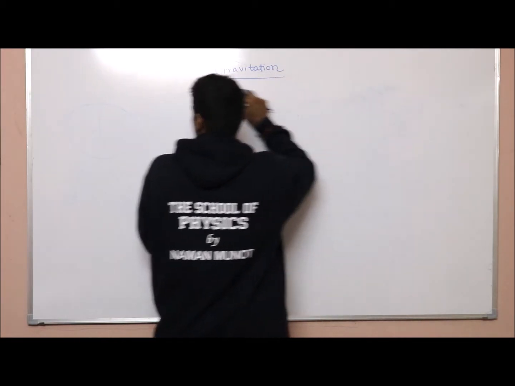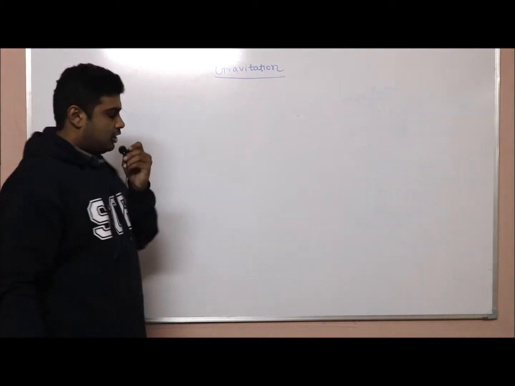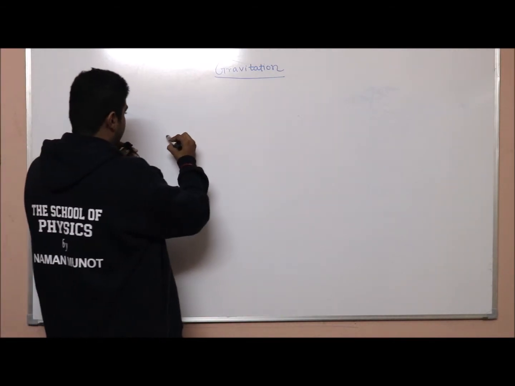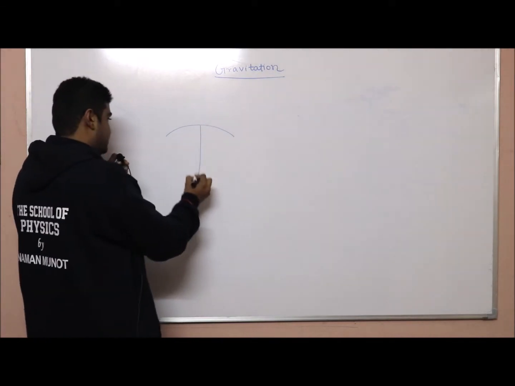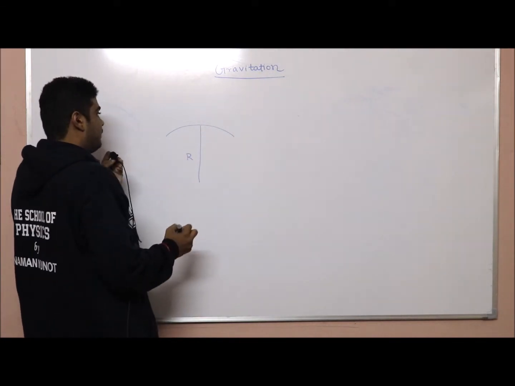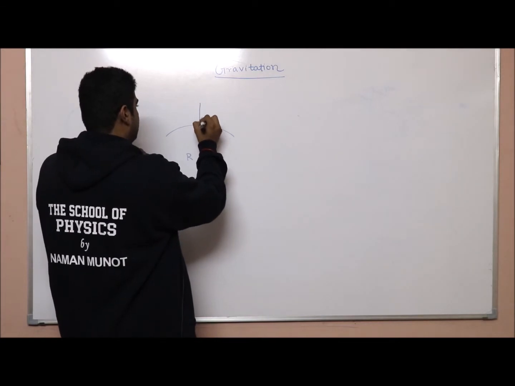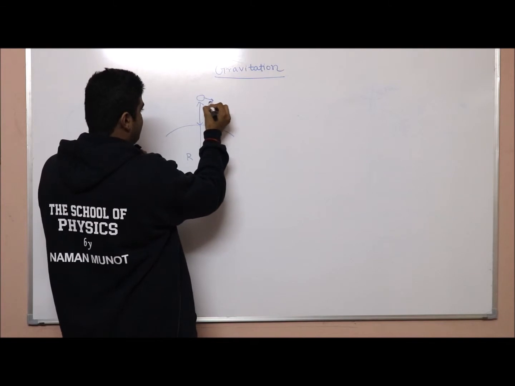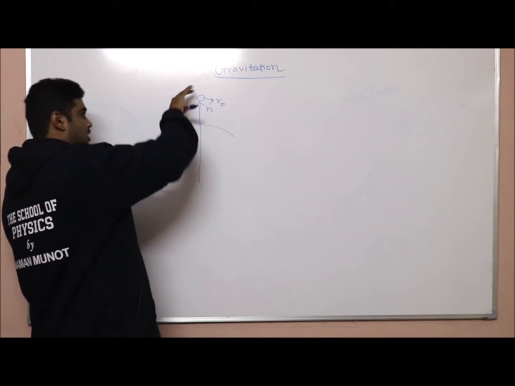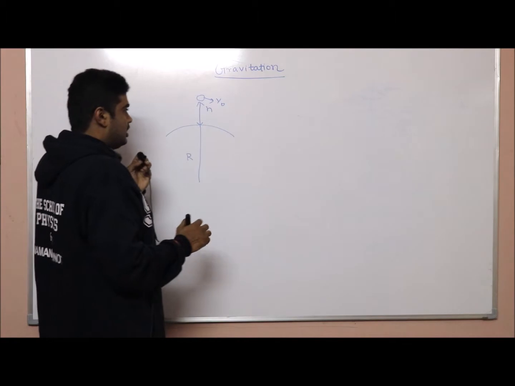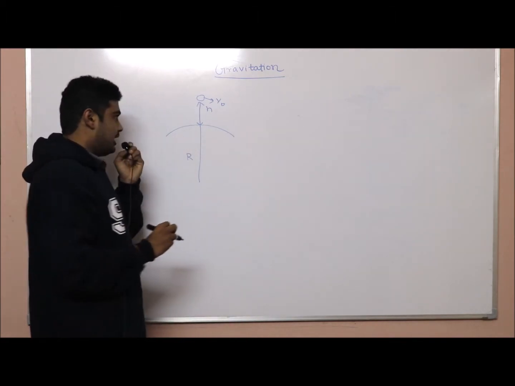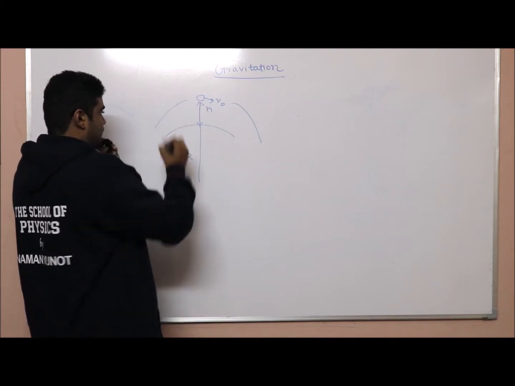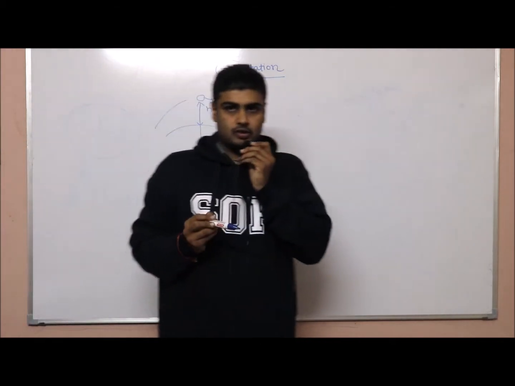Now I'll first make you imagine what escape velocity and orbital velocity are. Suppose this is our Earth, this is the radius of Earth, and at a distance h you are launching a satellite. What should be the tangential velocity of the satellite around the Earth so that the satellite orbits the Earth?